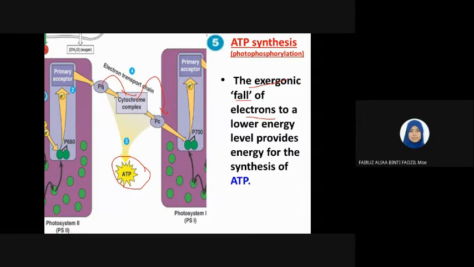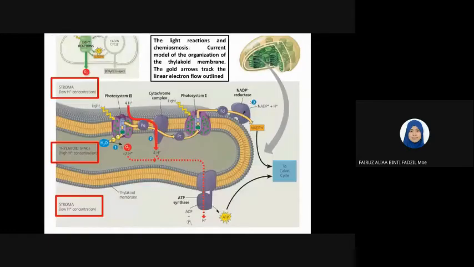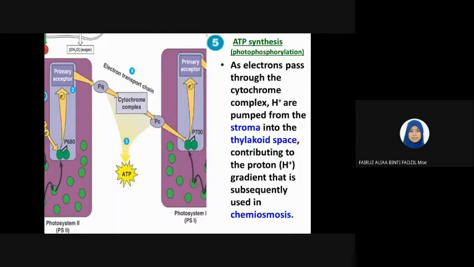That proton gradient then supports chemiosmosis, where the protons flow through the ATP synthase enzyme, as we have learned. The ATP synthase will then catalyze the synthesis of ATP, just like what we learned in topic 5, cellular respiration.